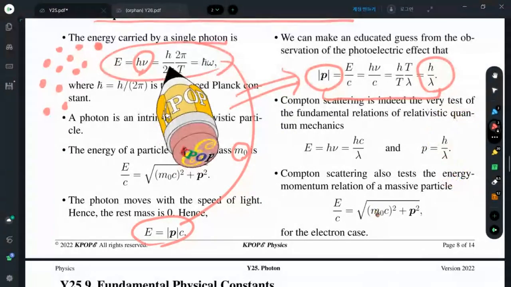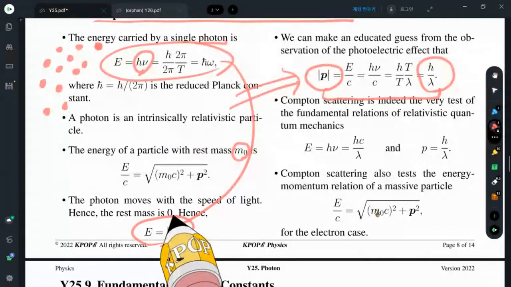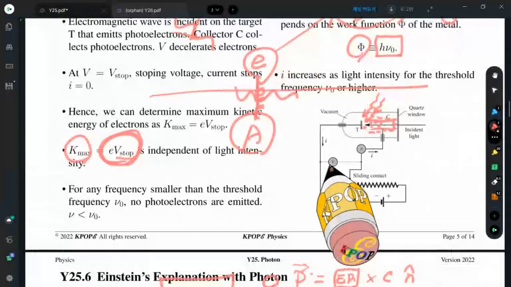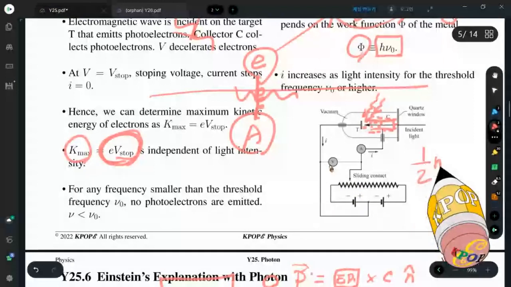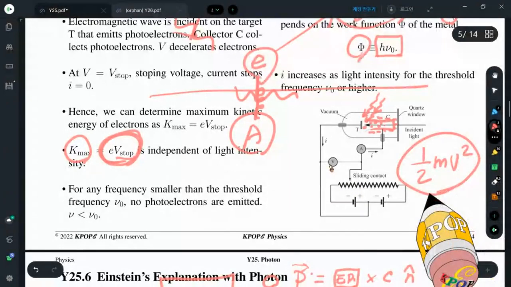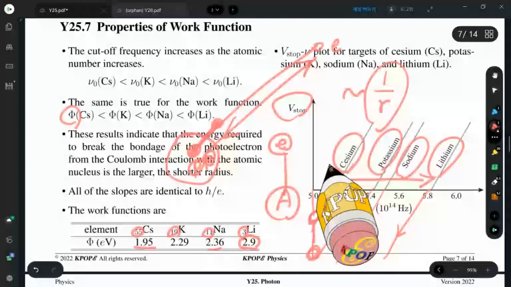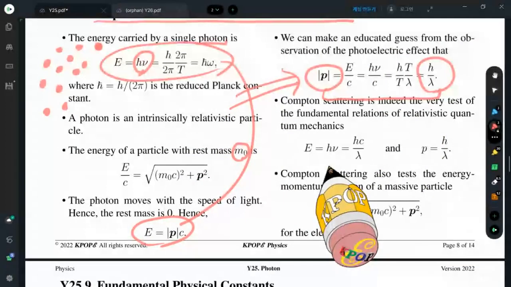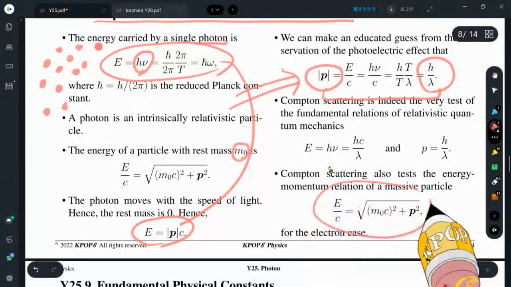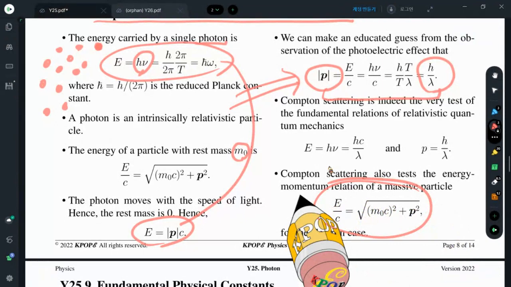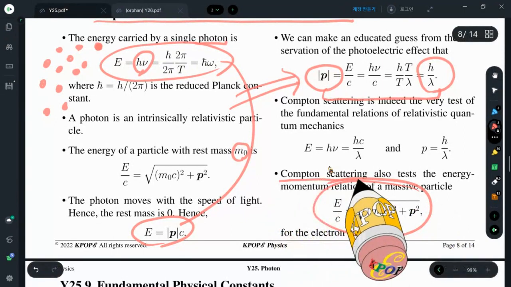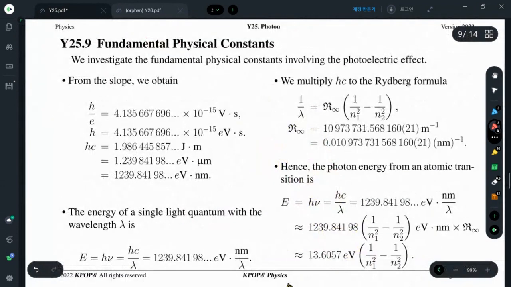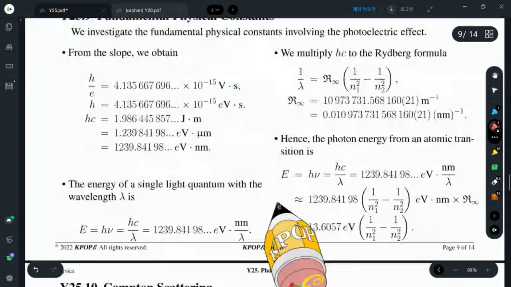So in photoelectric effect, the kinetic energy of the photoelectron can be treated with non-relativistic momentum. However, by increasing the energy of an incident electromagnetic field, the photon, we were able to test this really relativistic behavior of electron. That is called Compton scattering. And Compton scattering, you can review all of the constants.